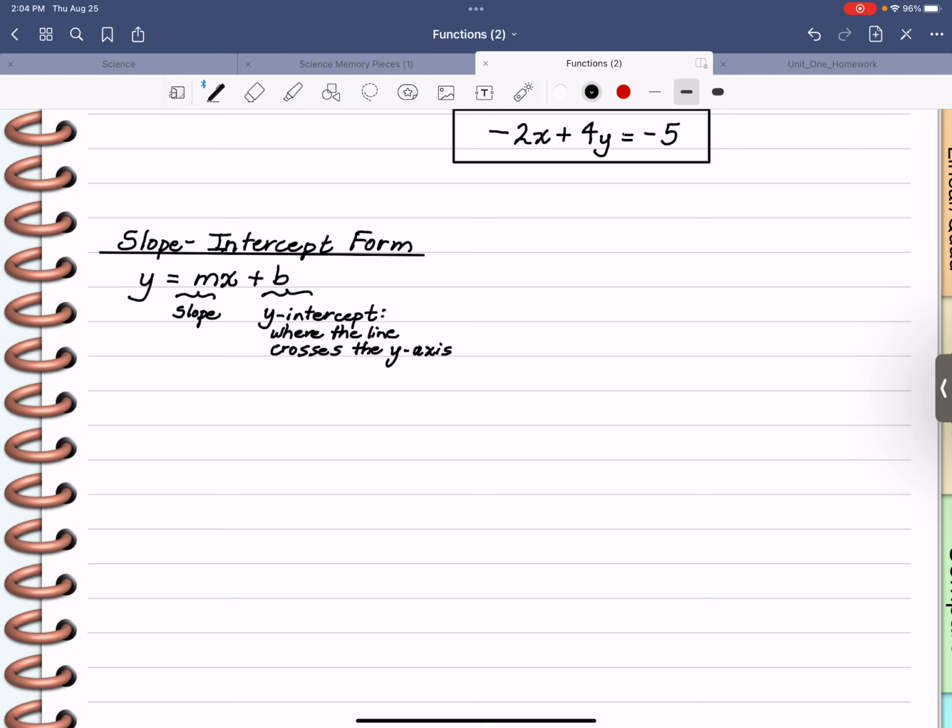That is what's meant by that little b. So to use this process, I need to know the slope, and I need to know where the line crosses the y-axis.